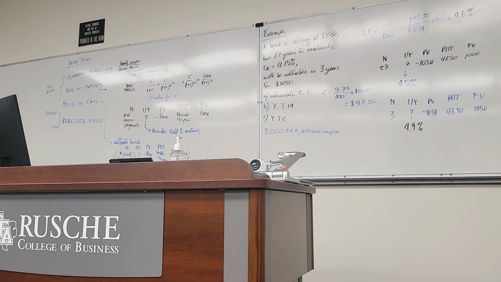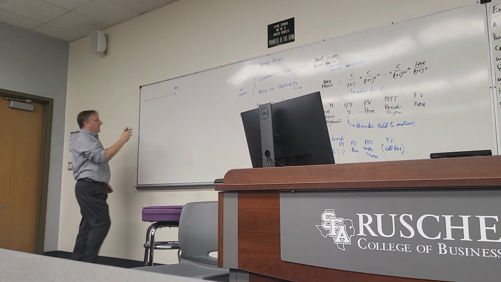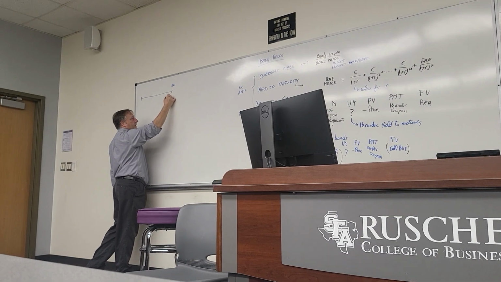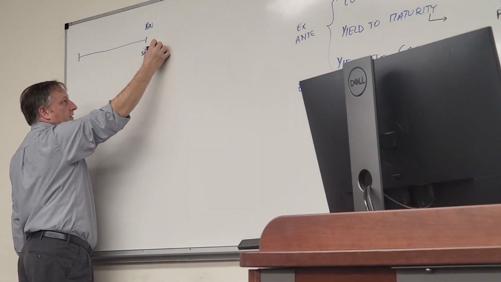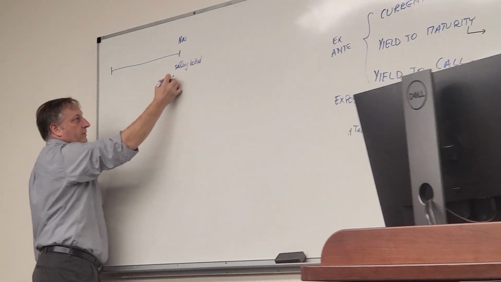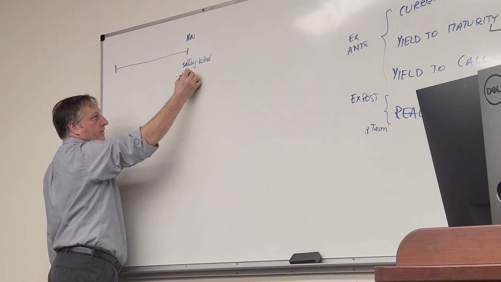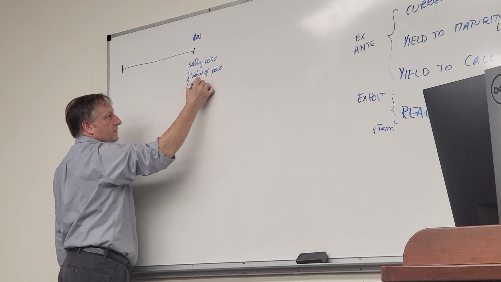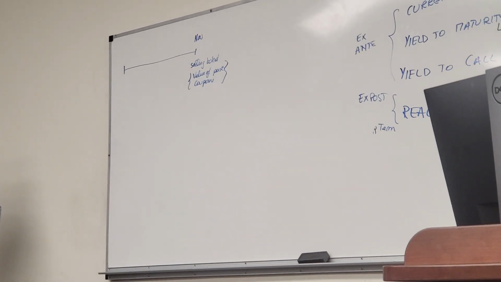This is now, that's when either the bond has matured or I'm selling it. And now I have some money. Some money is from selling the bond, but also the value of the past coupons that I collected over time.